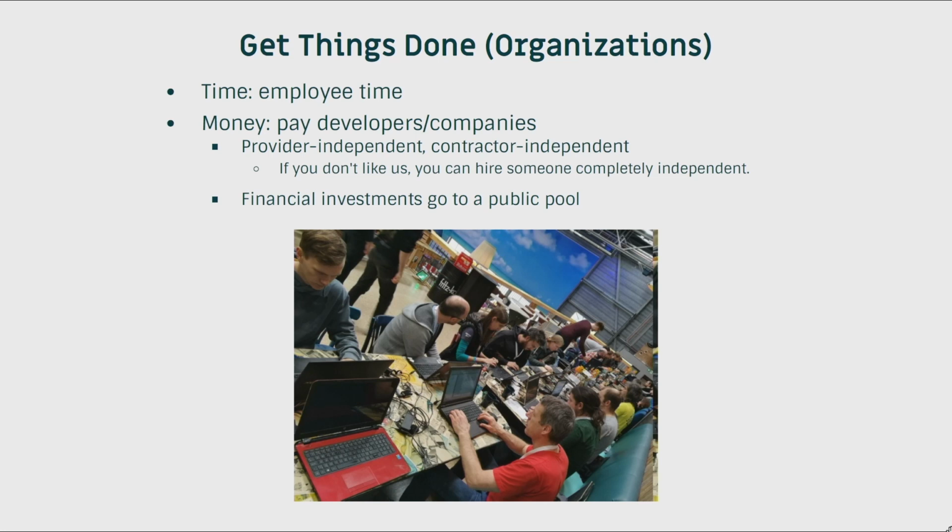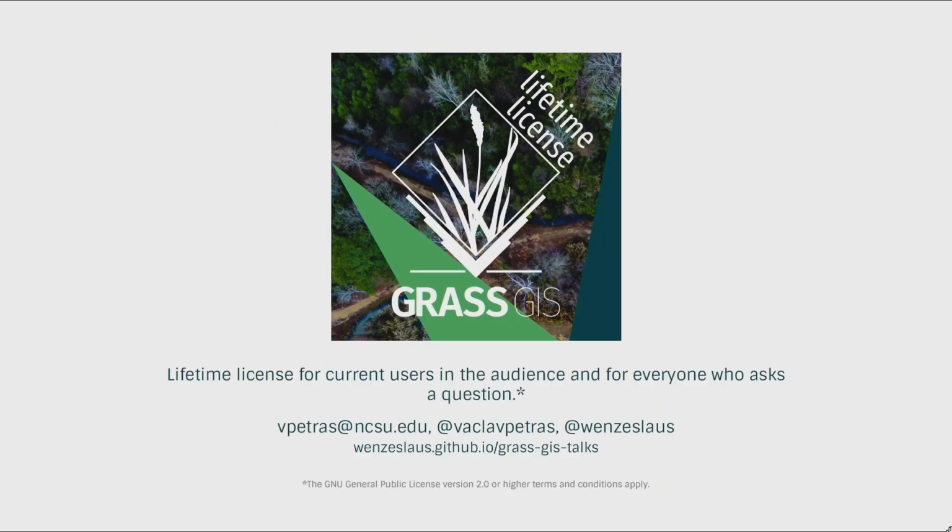So you can still be happy using GRASS.js even if you don't like us. And what stays the same is that all your previous investments into GRASS.js are still in GRASS.js. So they are in this public pool of software and code which you can keep using.